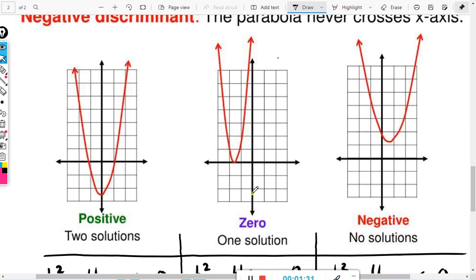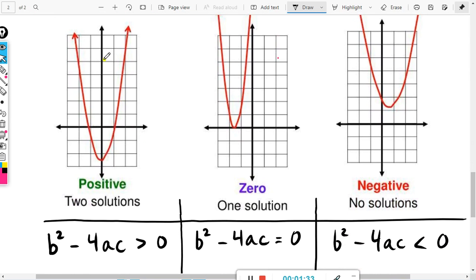So that is this case right here. This here is the x-axis, and of course this here is the y-axis.